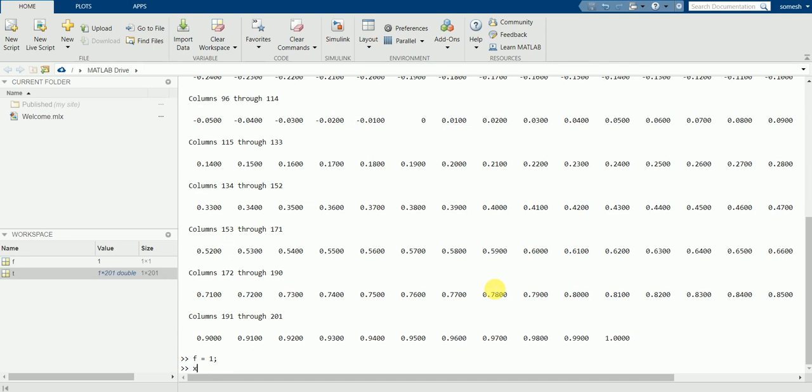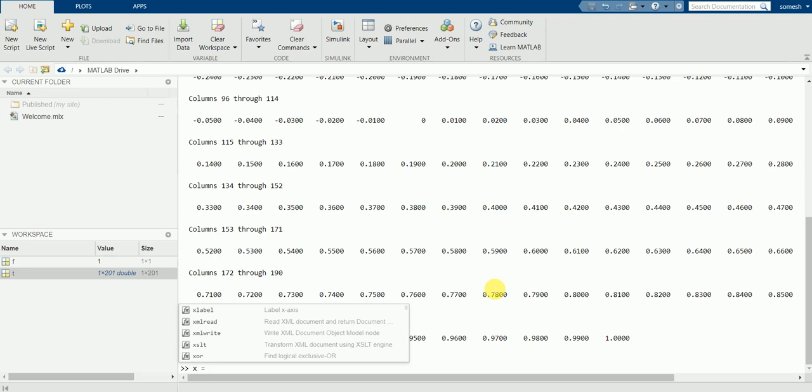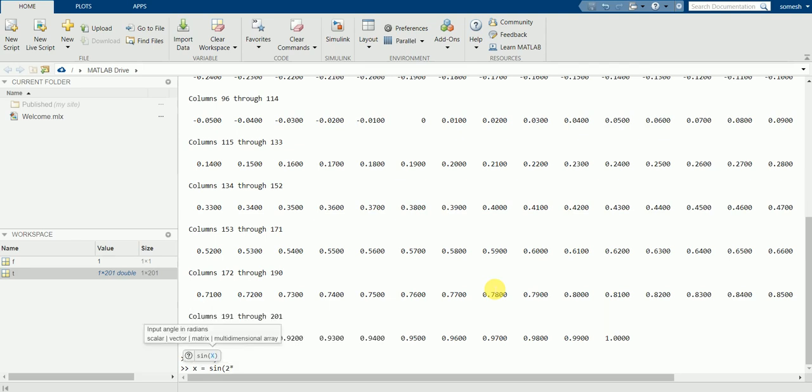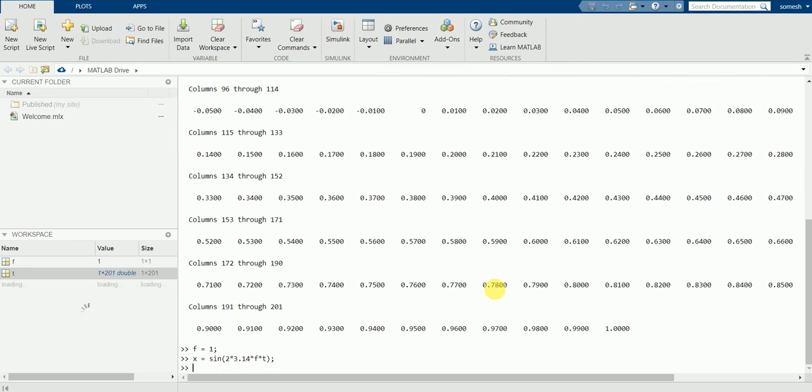Now x is equal to the formula sin of 2 into pi, we know its value as 3.14, into frequency f into time t, close the bracket and semicolon, enter. So the equation is getting solved, and here we can see the x value has been stored.